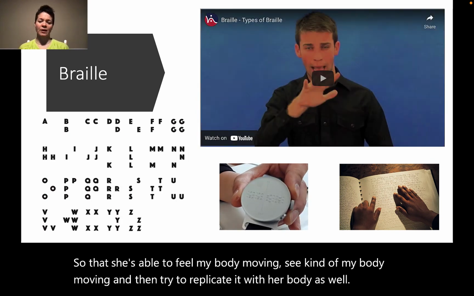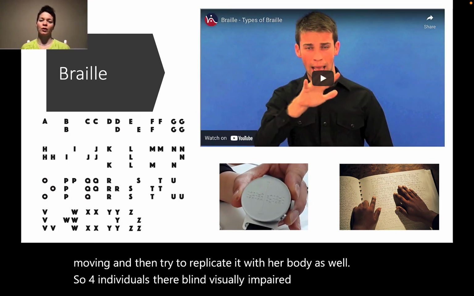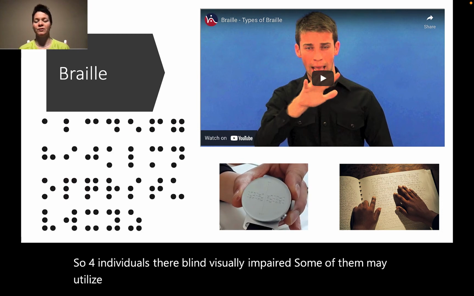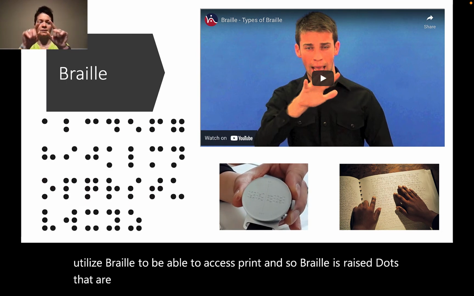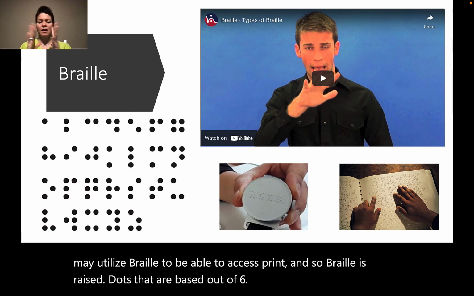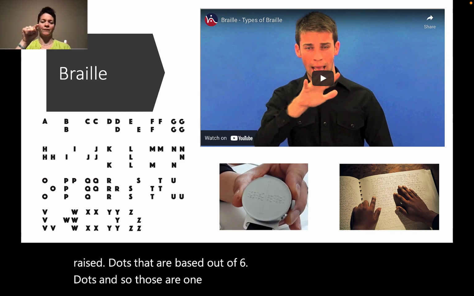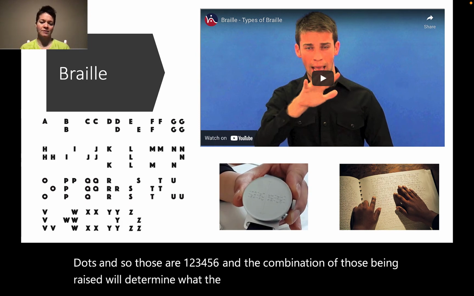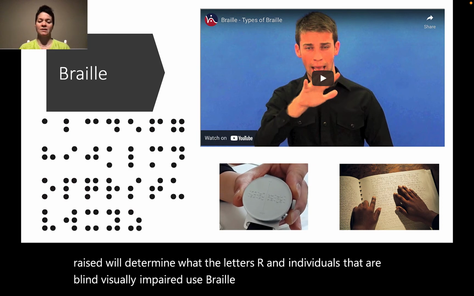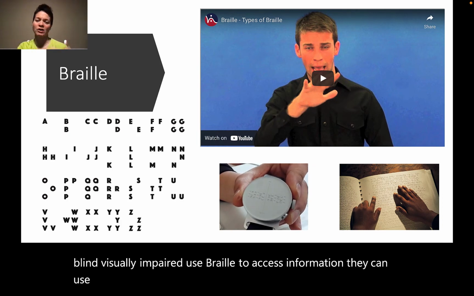So for individuals that are blind or visually impaired, some of them may utilize Braille to be able to access print. Braille is raised dots that are based on 6 dots, numbered 1, 2, 3, 4, 5, 6, and the combination of those being raised will determine what the letters are. Individuals that are blind or visually impaired use Braille to access information. They can use it in this watch to be independent and know what time it is.